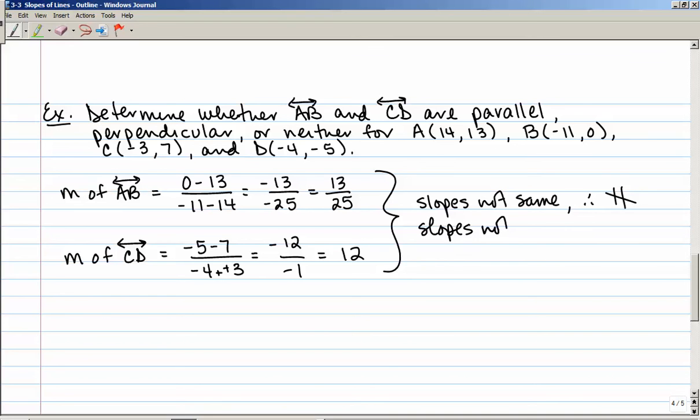The slopes are not opposite reciprocals. Therefore, not perpendicular to each other. So my answer is neither. Since the slopes of the two lines were not the same, and the slopes were not opposite reciprocals. If I flip 13 over 25 and change the sign, I don't get 12. So in this case, it would be neither.